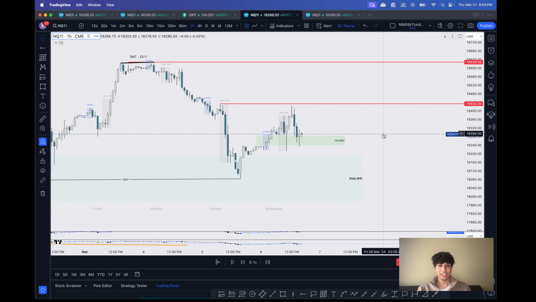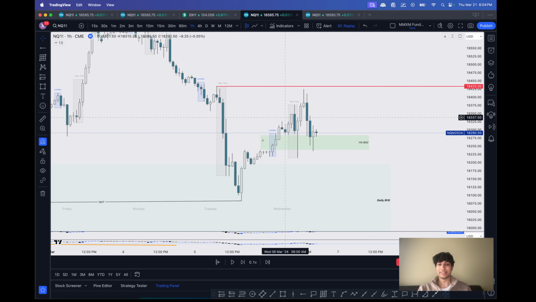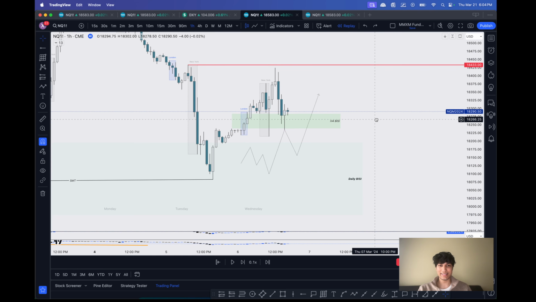Okay, fantastic. So what we're looking for, right, is to see if London manipulates lower before expanding higher, because a classic buy day would offer some sort of London retracement followed by a New York continuation, right? This would be a template for a classic buy day.